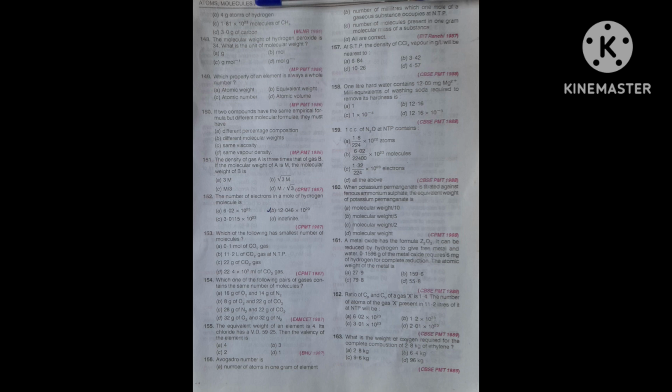If you remember or write that reaction: 2FeSO4(NH4)2SO4·6H2O, this is ferrous ammonium sulfate, plus H2SO4 in presence of nascent oxygen, you will get the product Fe2(SO4)3 plus 2(NH4)2SO4 plus 13 H2O.